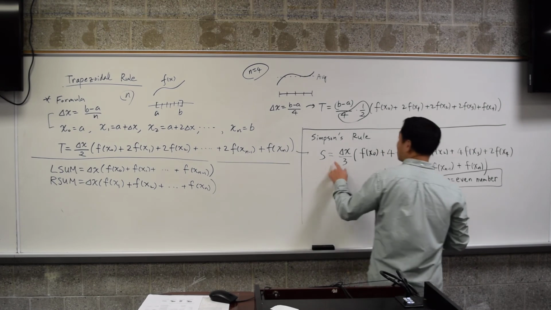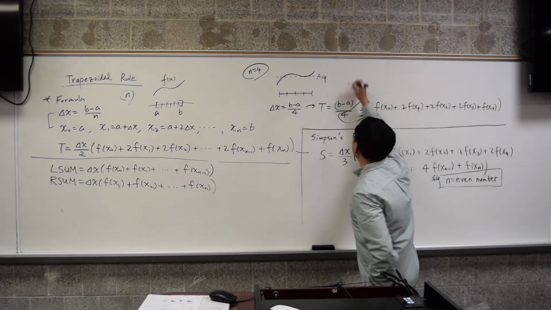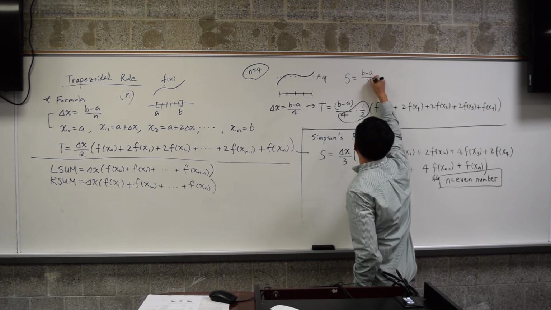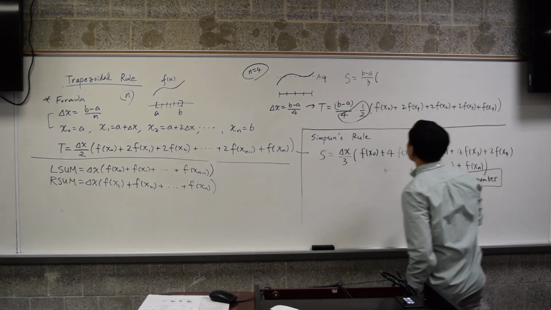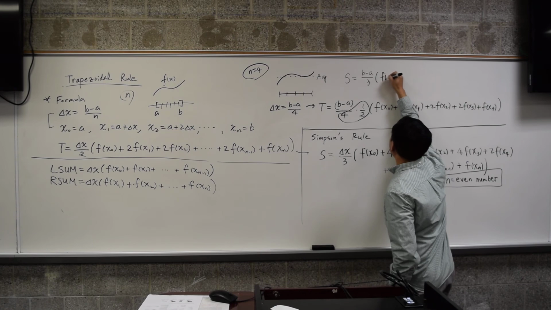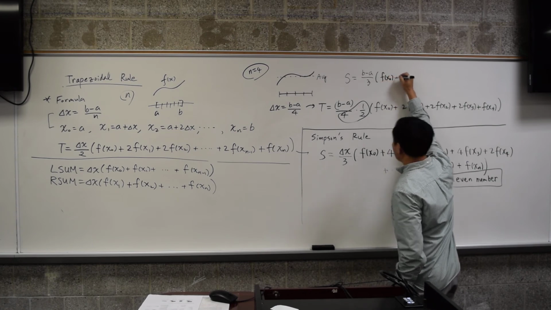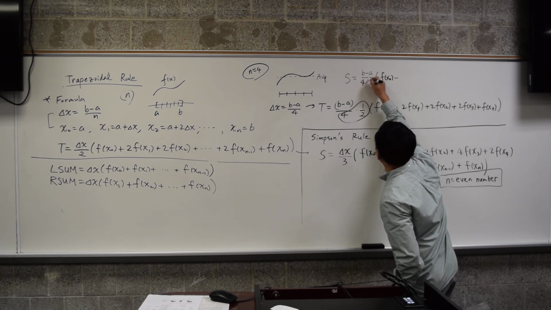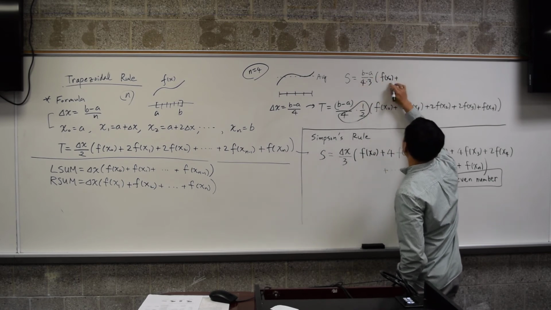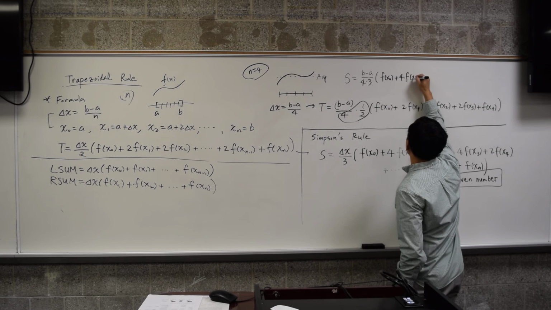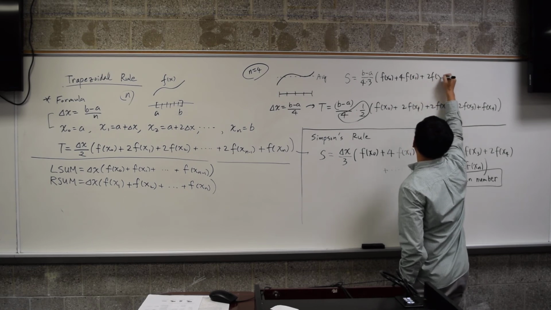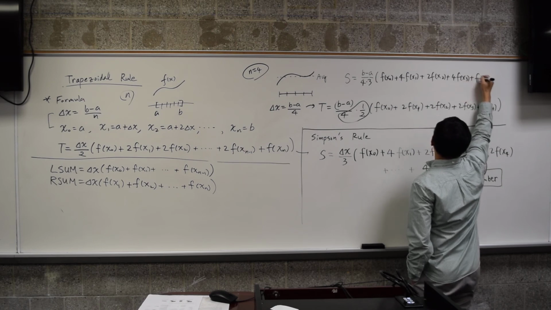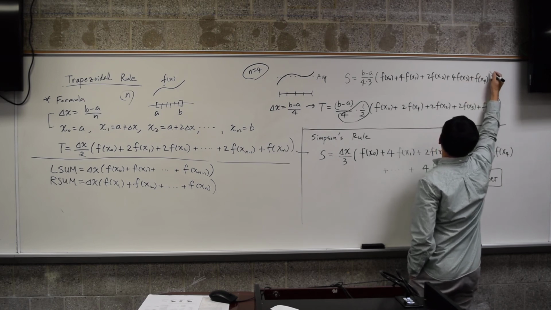Now, what does this mean? Well, let's try to write the Simpson's rule for this one. S is equal to b minus a over 3. And you have f of x0. Oh, sorry, b minus a over 4 times 3. And then you have f of x0, 4, 2, 4, and then the last one is just 1.